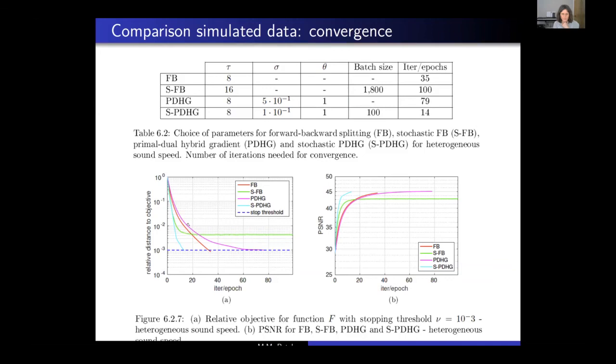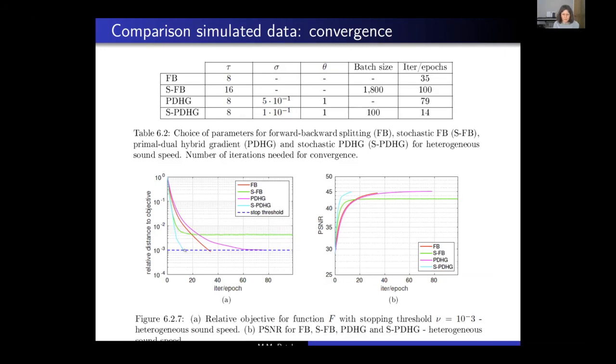We have these four methods, and you can see, in terms of the relative distance of the objective function, which is the measure used to visualize the convergence here, we have the primal dual hybrid gradient, which is the magenta one, and then the forward backward, which is the red one, and then stochastic gradient descent, which is the green one, and the cyan is the stochastic version of the primal dual. So what you can see is that the stochastic methods are converging quicker.